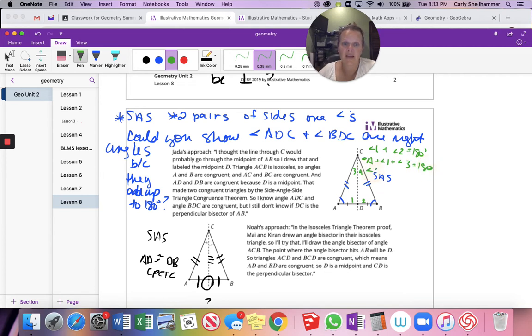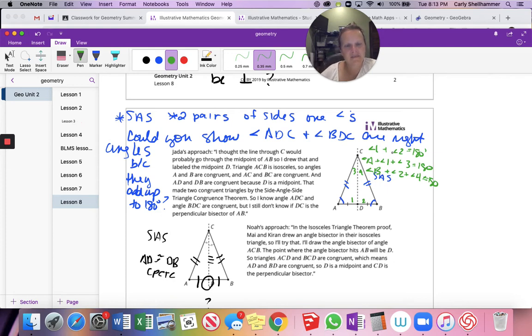And then angle B plus angle 2 plus angle 4 equals 180 because of the triangle sum theorem. And then there's some pretty fun algebra that we can use to get to the fact that angle 1 and angle 2 are equal.